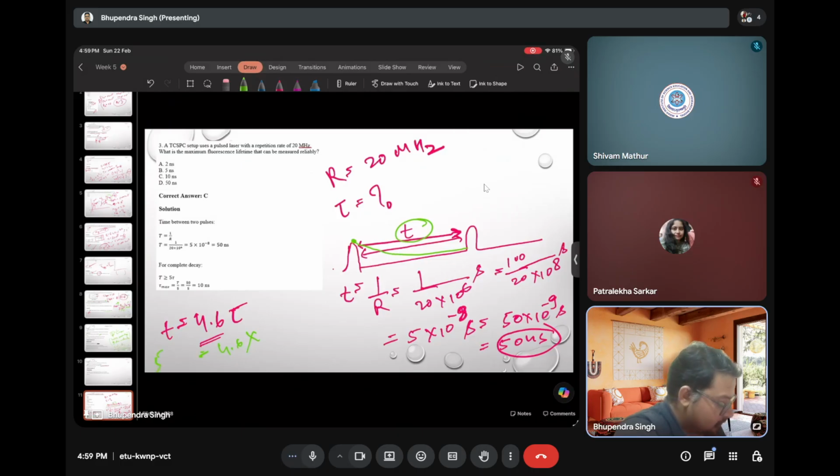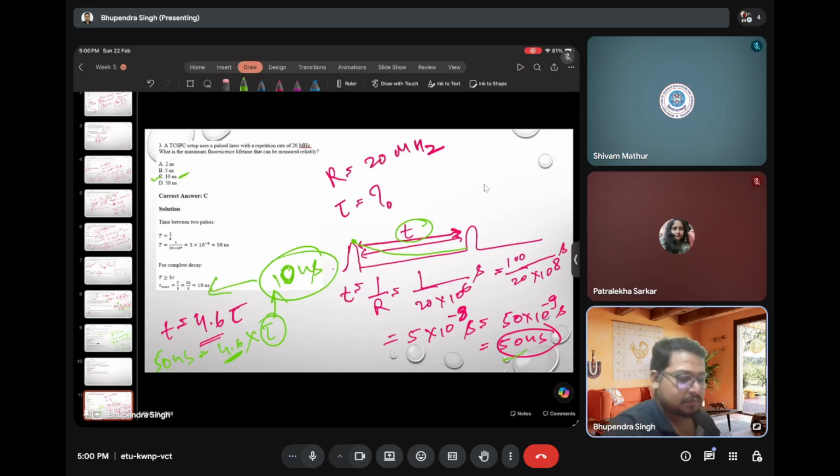You know the time window is 50 nanoseconds, so the lifetime you can calculate. If you take 4.6 as 5, then the lifetime will turn out to be 10 nanoseconds. So this is the maximum fluorescence lifetime that can be measured reliably.